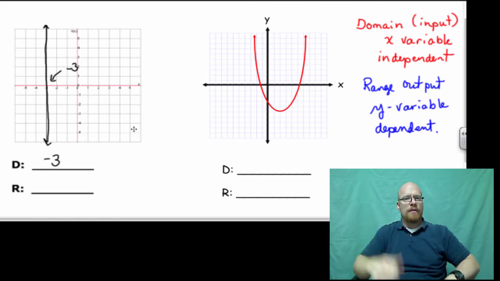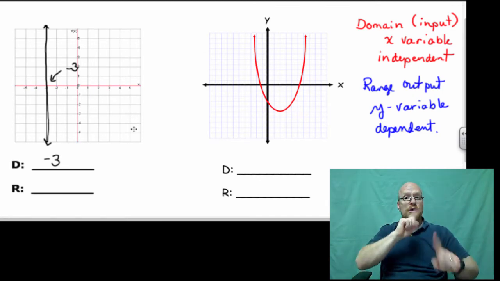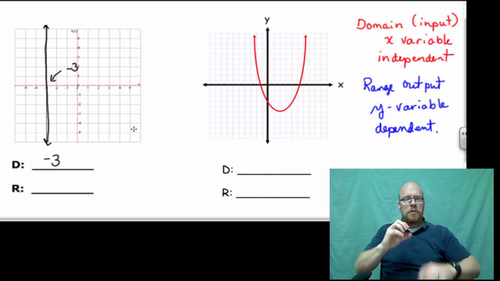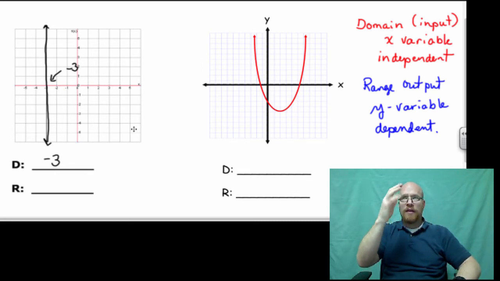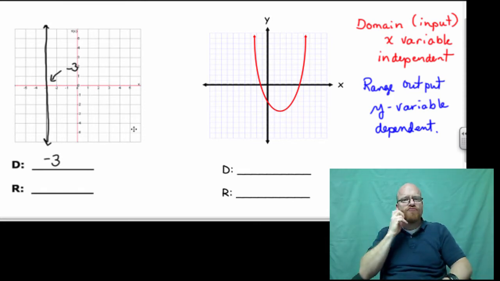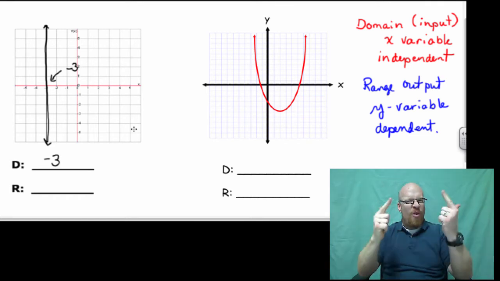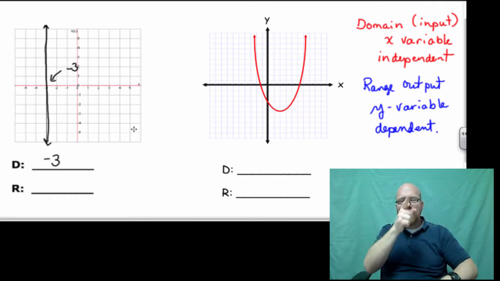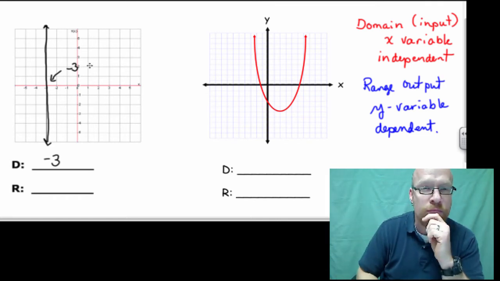That's the domain. Now our range, the outputs, the y values: you'll say 1, 2, 3, 4, 5, all the way up, and then -1, -2, -3, all the way down. So all y values are part of the range, all real values.